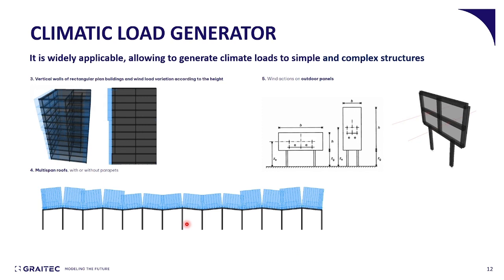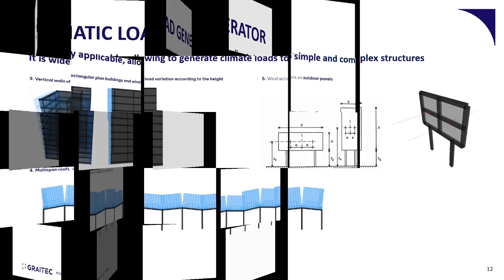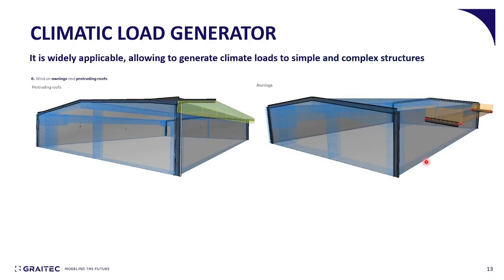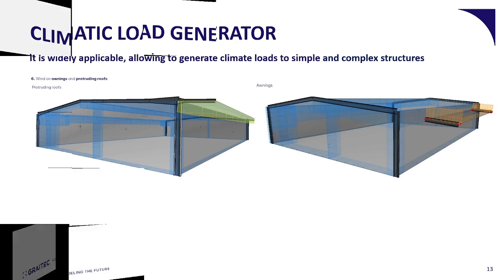Multi-span roofs with or without parapets, and multi-span frames. Wind can also be generated on outer panels, such as this one. And of course, we have the awnings and the protruding roofs, such as those presented here.